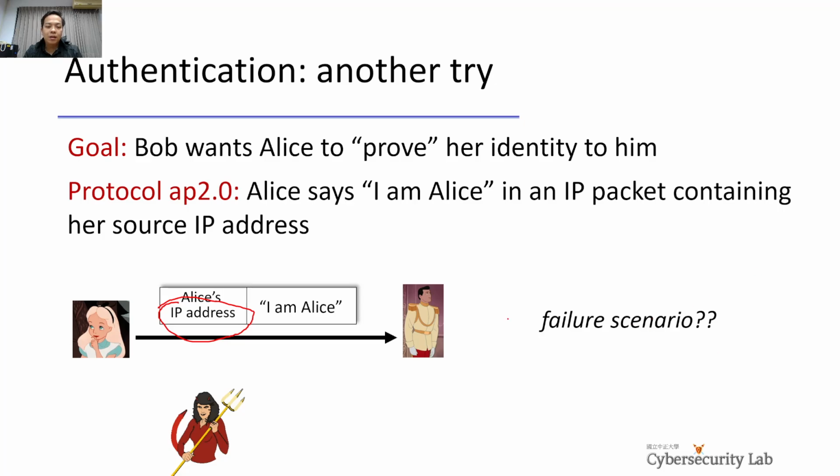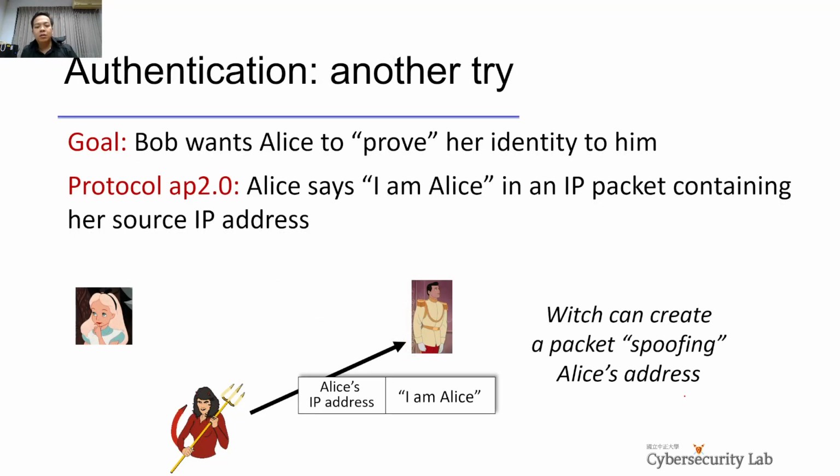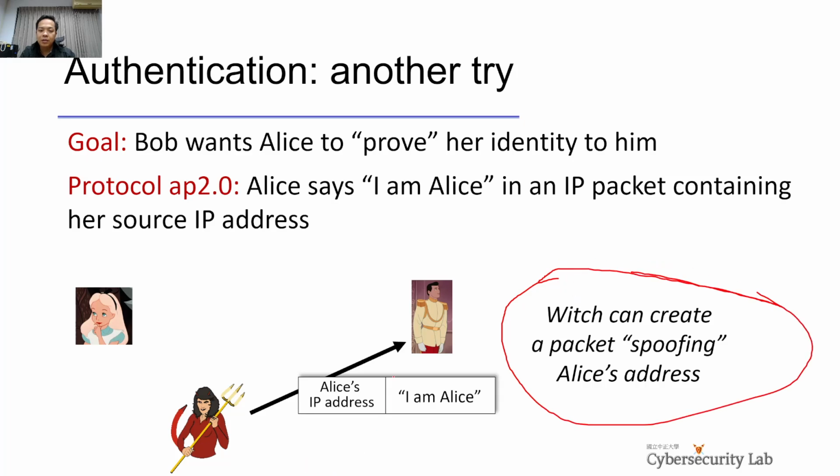Bob may think this is reliable, but it's not, because the IP can be spoofed. It's called spoofing the address. IP spoofing is very common in practice, where we send a packet with a spoofed IP address saying, I'm Alice and this is my new address.